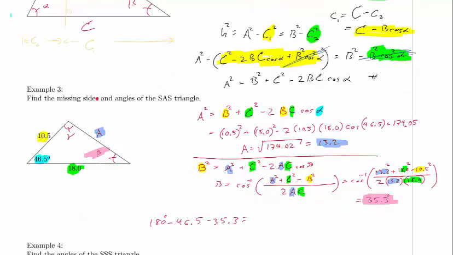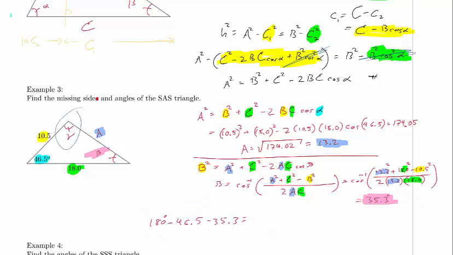Alright, I didn't realize I'd hit the pause button, so I don't know how far I went, but we went ahead and ran through the calculation here. We've got 35.3 was what we ended up being the angle for beta. And now we're going to use the fact that there's 180 degrees in a triangle to find the last angle gamma.